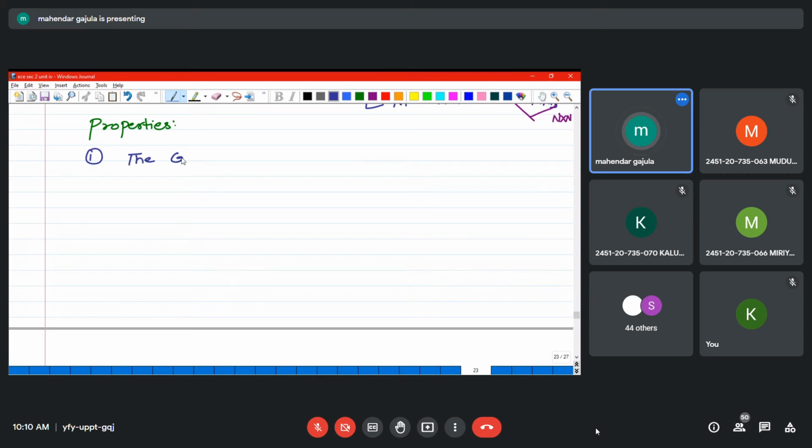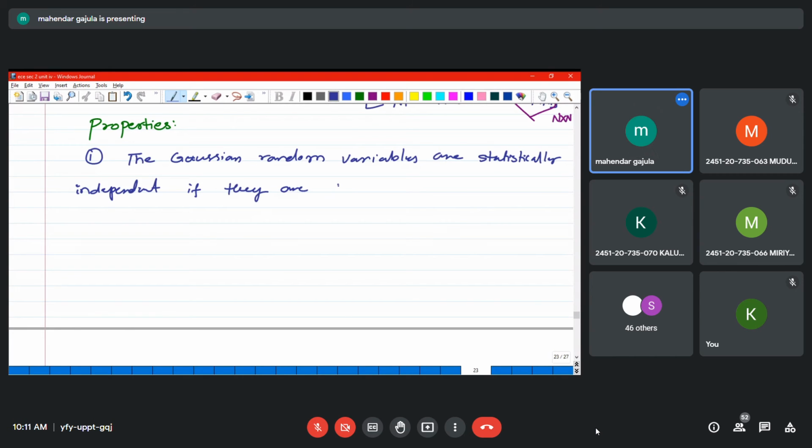The Gaussian random variables are statistically independent if they are uncorrelated.